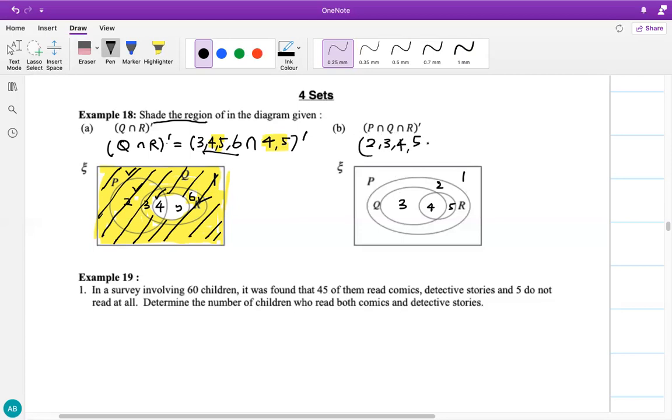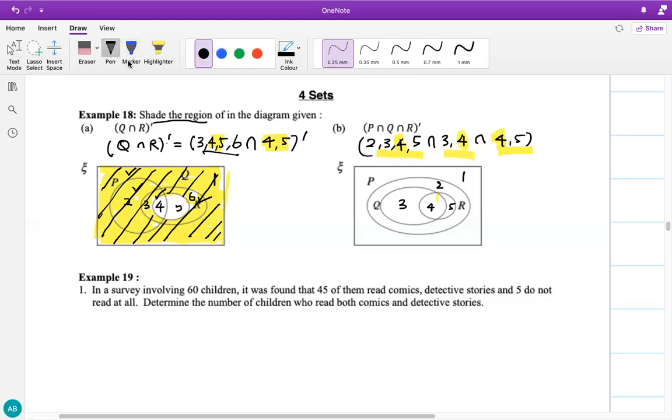Then you intersect Q, which is 3, 4, 5. Then intersect R, which is 4, 5. Here you can see that P, Q and R have a common element, that is 4 only. So 4 only, this area.